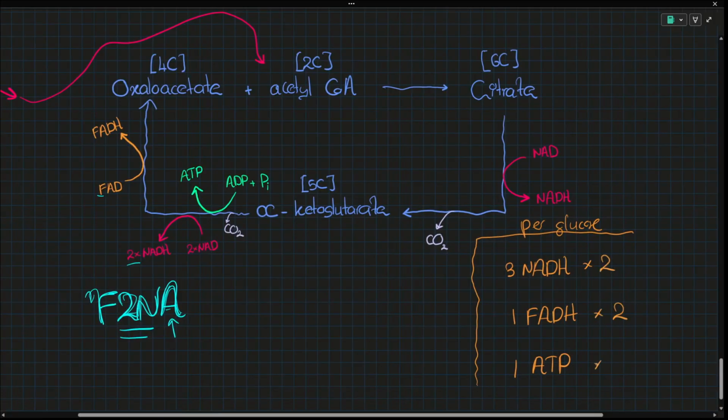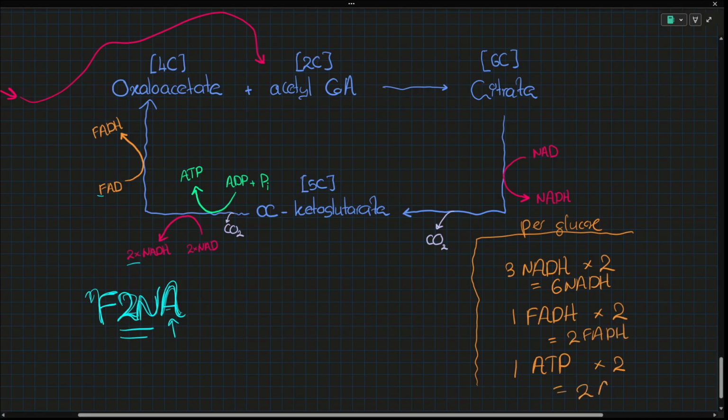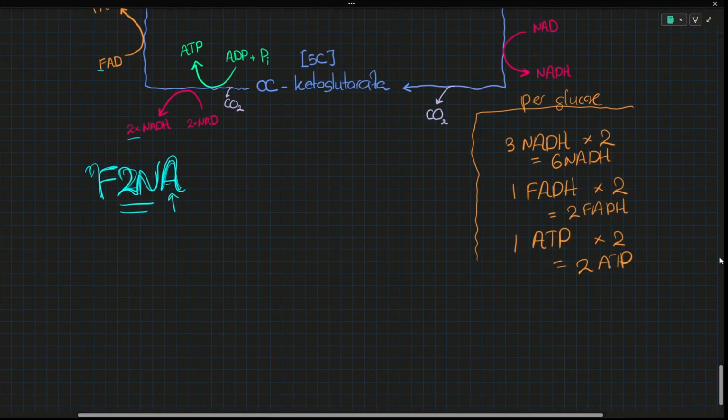Per glucose molecule, we multiply everything by 2. So now we have produced a total of 6 NADH molecules and a total of 2 FADH molecules, and there's a net production of 2 ATP per glucose molecule. Here we're writing the per glucose scenario.